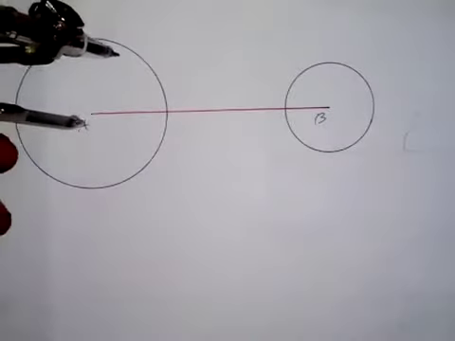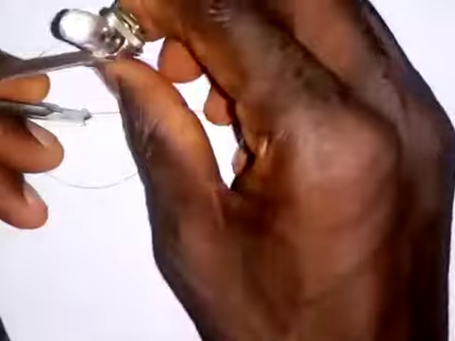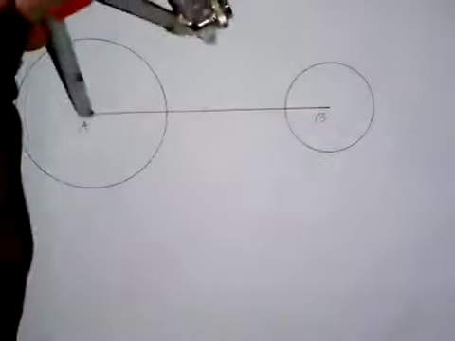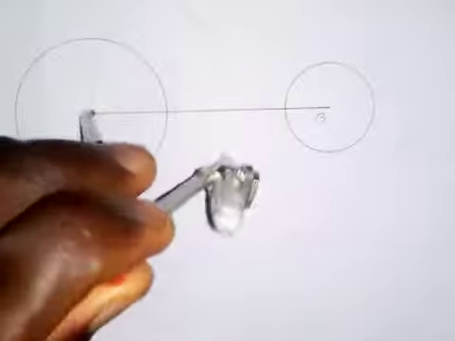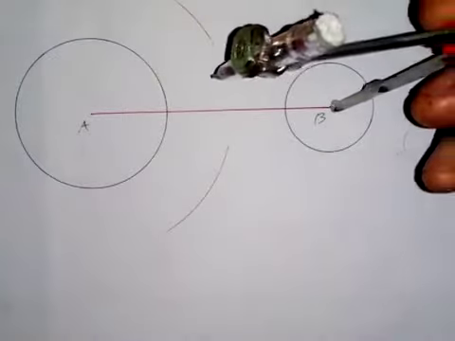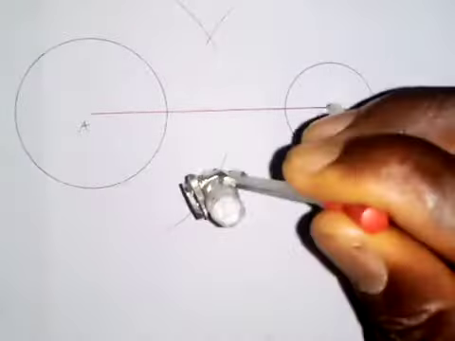The next thing we are going to do is bisect distance AB. So I put the pinpoint of my compass at A and draw an arc up here and down here. With the same radius at center B, I draw an arc up and down.